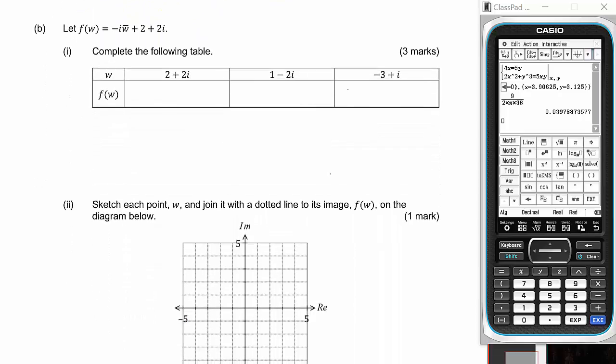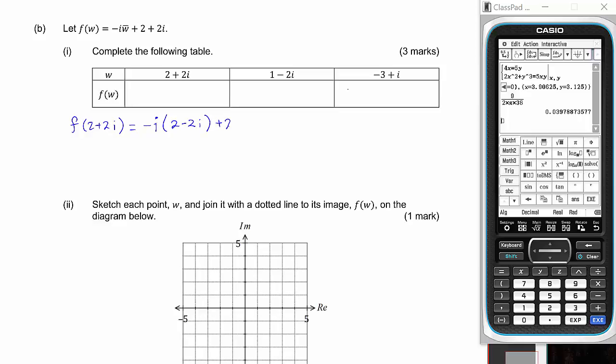Now f of w is equal to negative i w bar plus 2 plus 2i. We've got to do that for each one of these. So f of 2 plus 2i, now you can use your ClassPad for this, but I'm not going to, is negative i. The conjugate is 2 minus 2i.